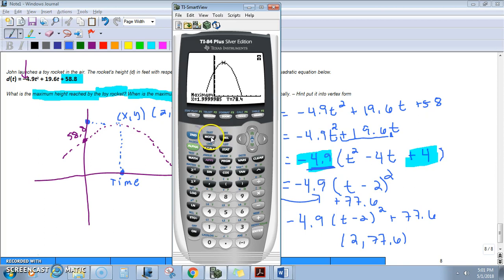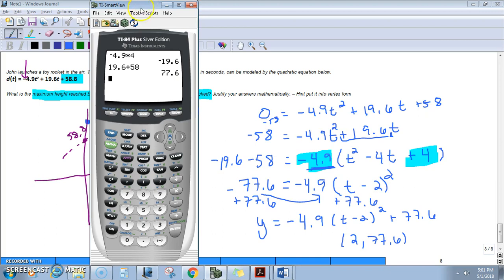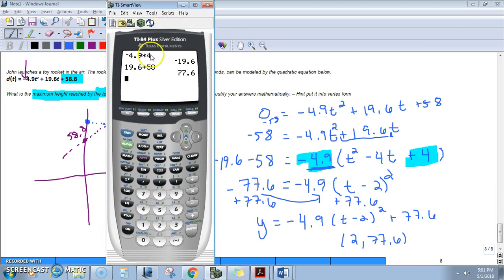Let's see why they got 78.4 and we got 77.6. Did I add some numbers wrong? I did 19.6 plus 58. Was that what I was supposed to do? 58.8. Look at us fixing our mistakes. How many of you guys caught that and were screaming at me?